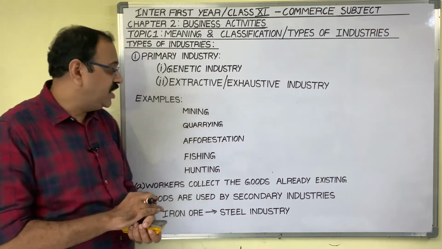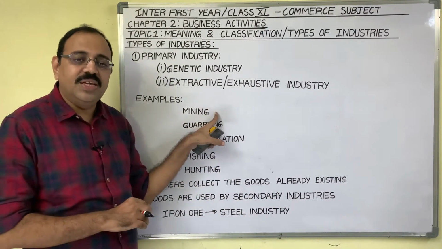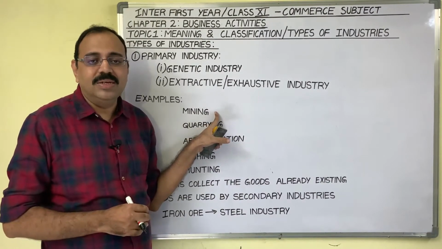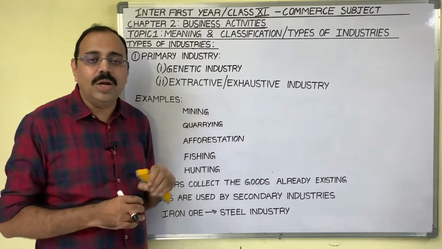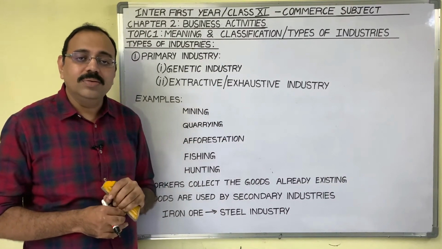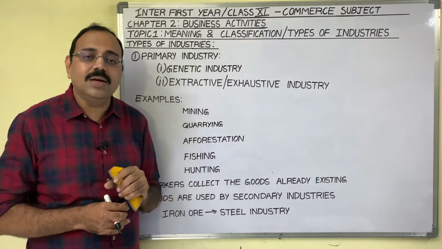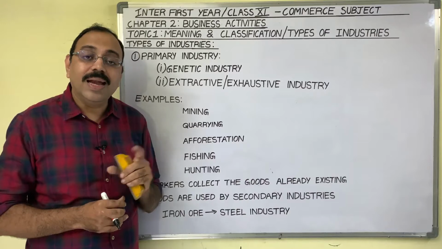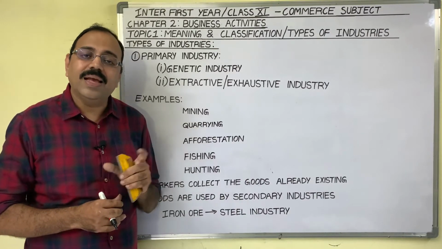Examples for these industries are mining industry, where minerals are extracted from mines. These minerals include gold, silver, iron ore, coal, bauxite, zinc, manganese, copper, chromite, lead, tin, etc.